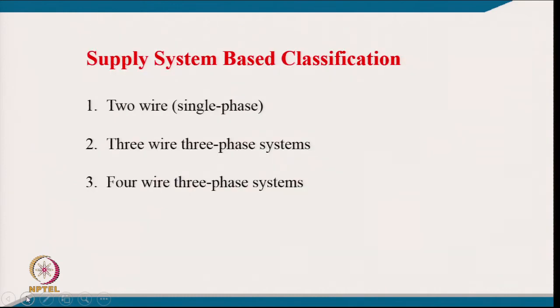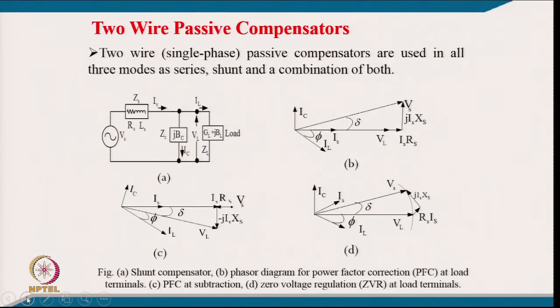Well, another classification is on the supply system, which is classified into 3 categories: 2-wire single phase system, 3-wire 3-phase system and 4-wire 3-phase system. Taking the first case of the 2-wire passive shunt compensator, 2-wire single phase passive compensators are used in all 3 modes as series, shunt or a combination of both.